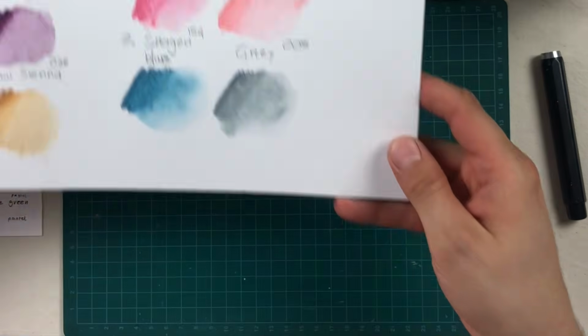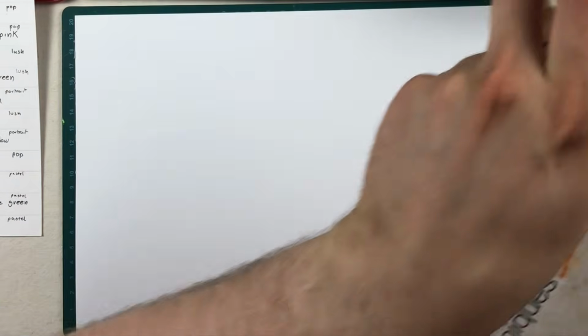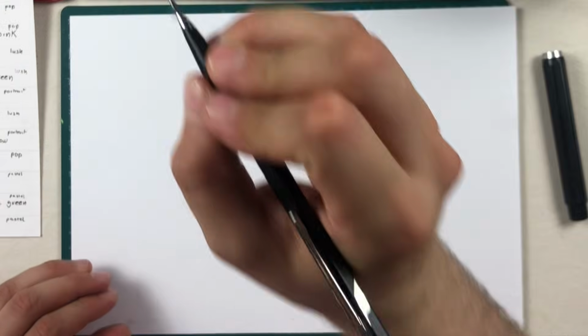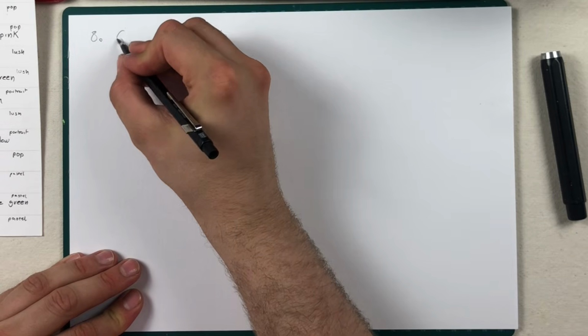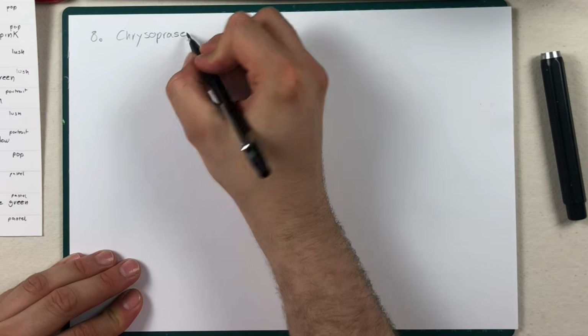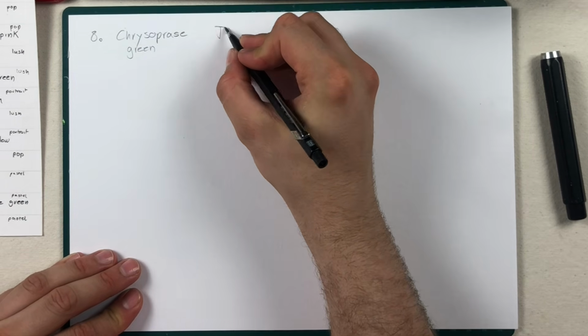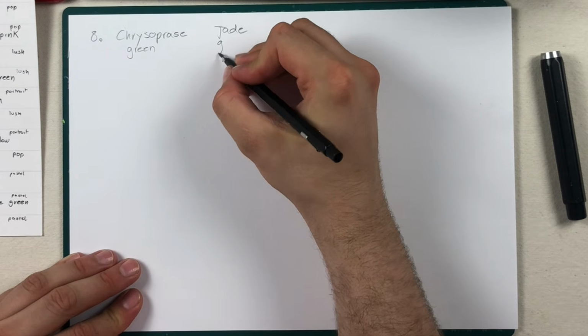We go to the next page, and here we have still 8 colors left. So I want to do a countdown now from the 8th place to the 1st place to the most different ones. 8. Here we have Chrysoprase Green with Jade Green.